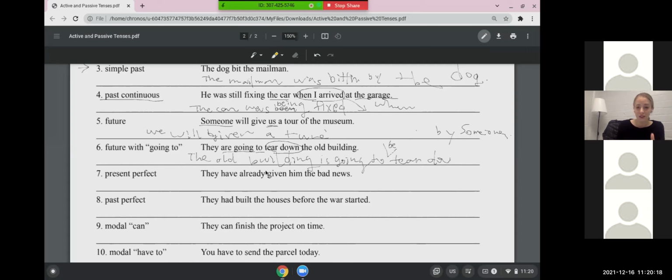We need to add "is going to be," and then we have to change "tear down" to the past participle. Torn. T-O-R-N, torn. Okay, good job.